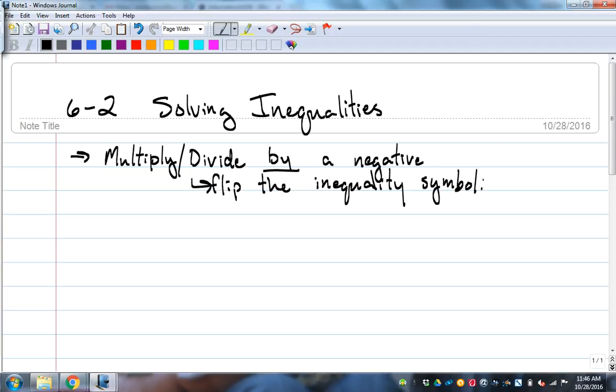So if you multiply or divide by a negative to solve it, you got to flip the inequality symbol.